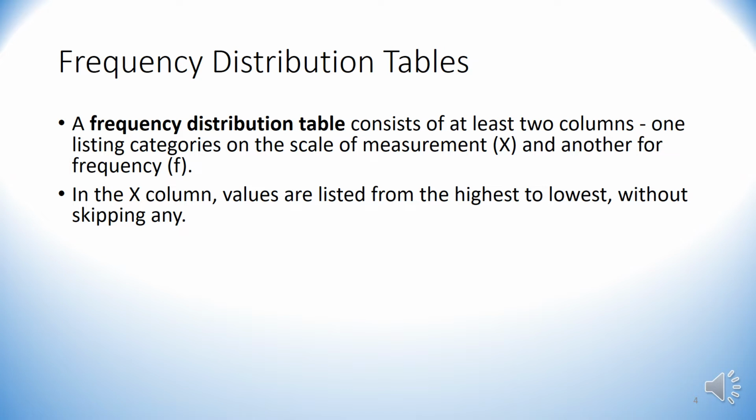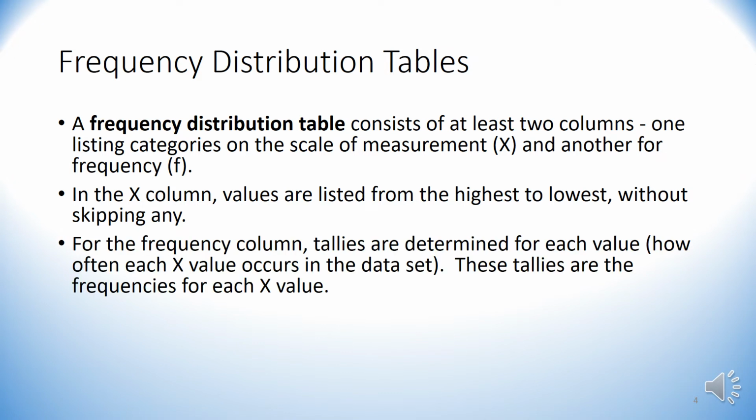The X column values are listed from highest to lowest or lowest to highest. It is up to us, but we should not skip any observation. For the frequency column, we are going to calculate the frequency by making tally marks. Tally marks are nothing but marking 1, 2, 3, 4 and the fifth one will be a cross, making a group of tally marks.